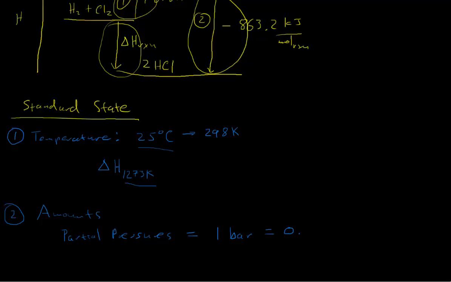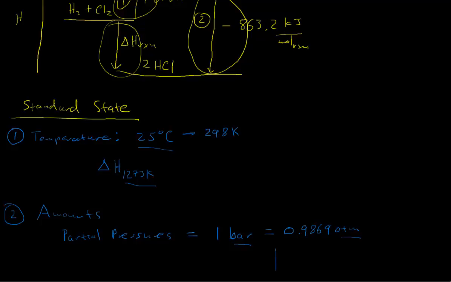So 1 bar is equal to 0.9869 atmospheres. So for practical purposes, it's the same as an atmosphere, but in careful work, we'll want to distinguish between these. So the bar is a unit of pressure, and we want each gas to be present at 1 bar pressure. So that's how much in terms of amount we want.